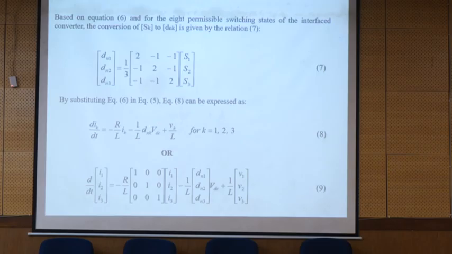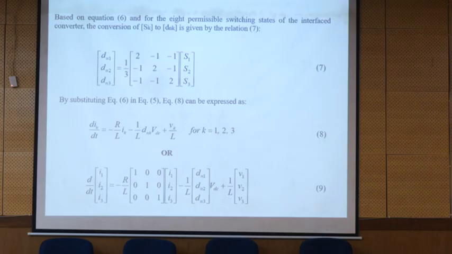And if we have a smaller value for VDC, in fact, we have more fluctuation in the output current of the system. So then return back again to this equation replaced by the switching state function.